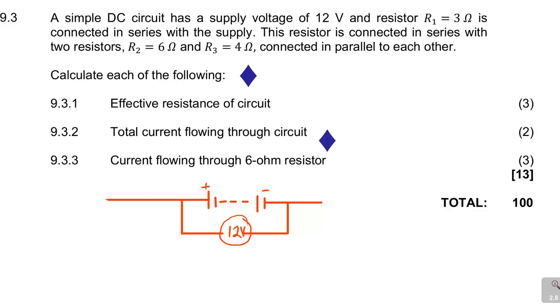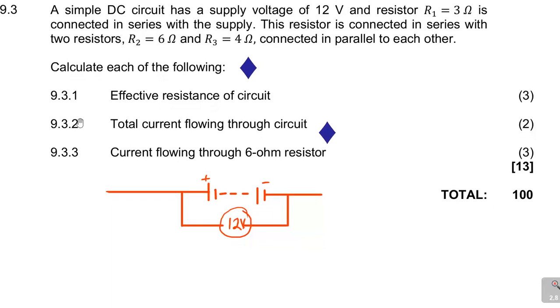A simple DC circuit has a supply voltage of 12 volts and a resistor R1 equal to 3 ohms is connected in series with the supply. So how do I present that? They are saying a 3 ohm resistor is connected in series with the supply. There are many ways. I can put it there like that. There is the series.